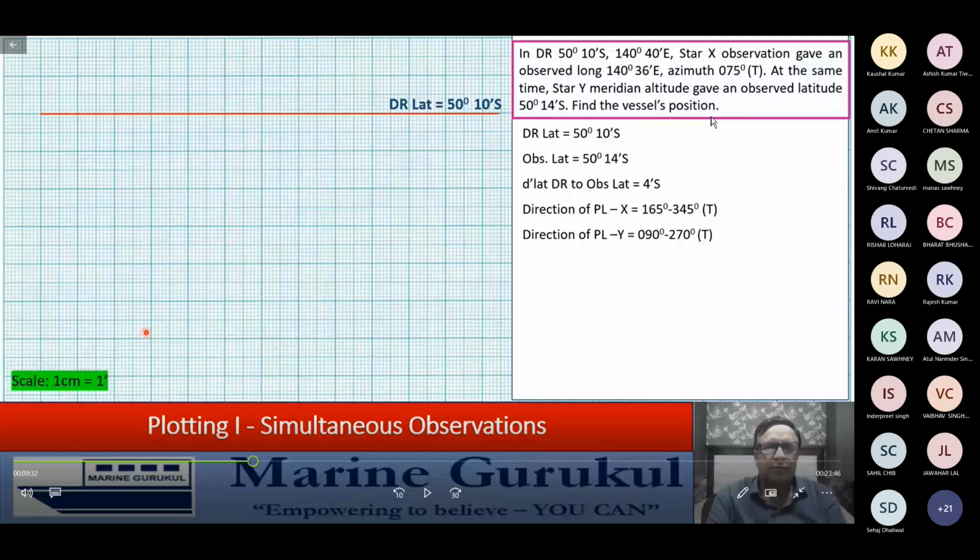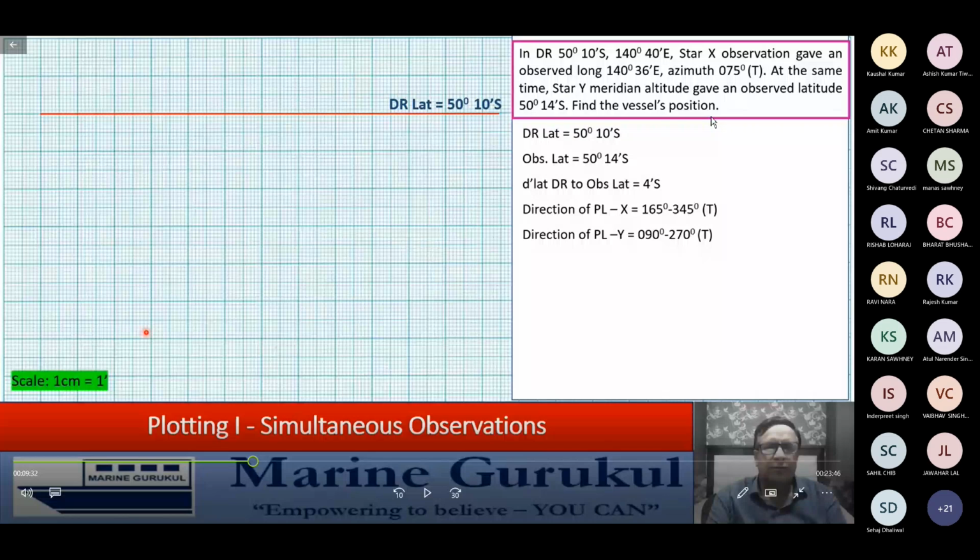So you could choose any line on the graph as your DR lat. Now, it is always better to first make a rough diagram in your answer sheet on the side. Rough diagram gives you an idea where you need to mark that particular latitude.